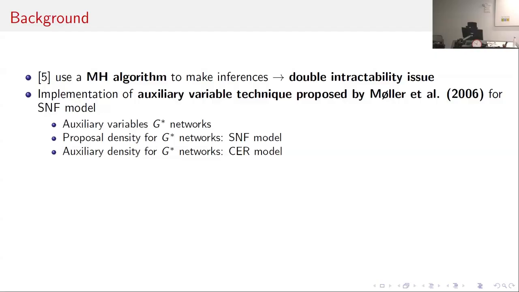You have a proposal density for these auxiliary variables, and so that the normalizing constants cancel in the Metropolis-Hastings ratio, you need to specify the SNF model here for it to work. And here you also need to specify an auxiliary density under this Møller technique, and the author chose the SER model, which is a member of the SNF model.